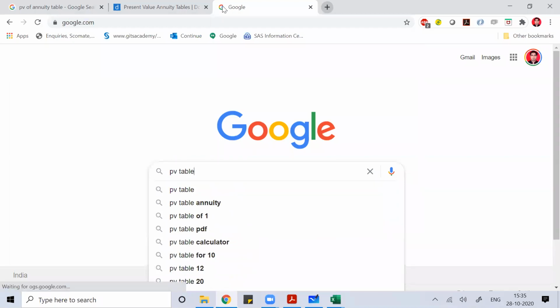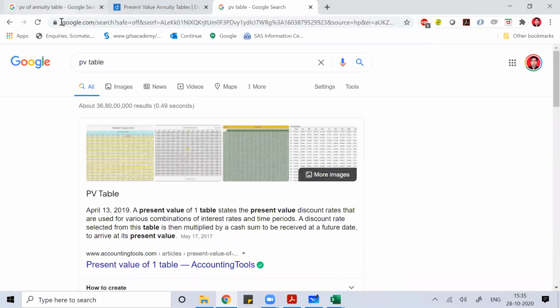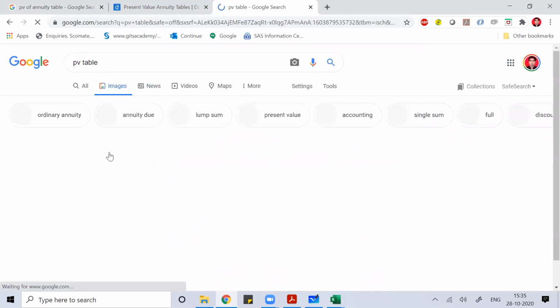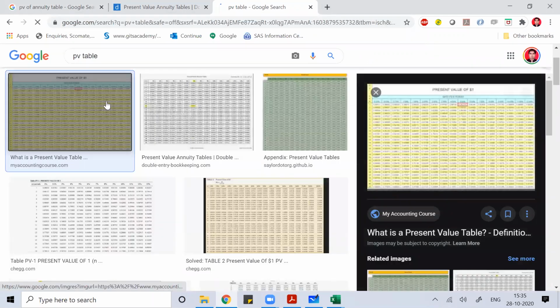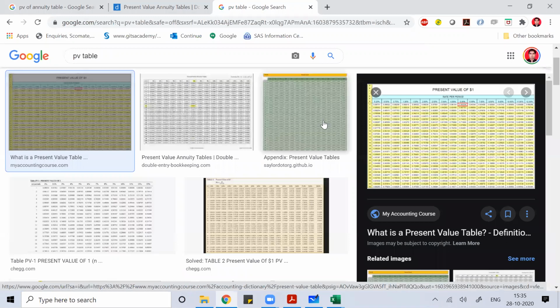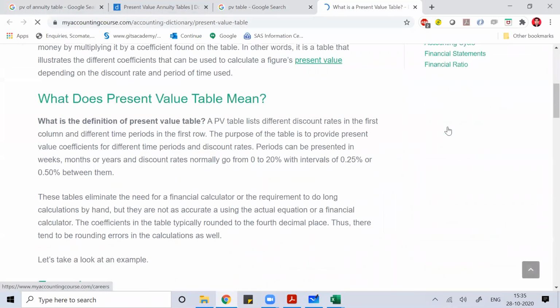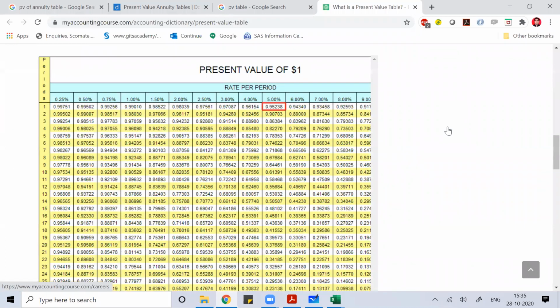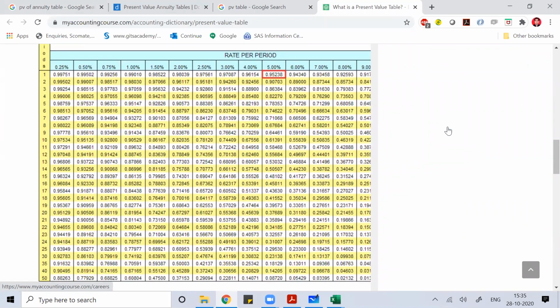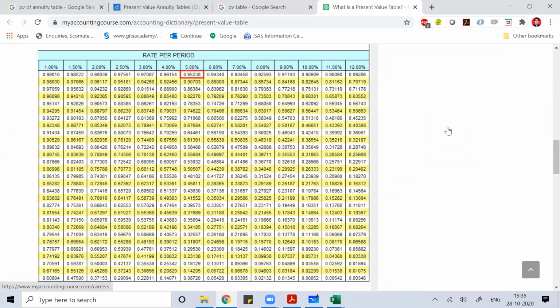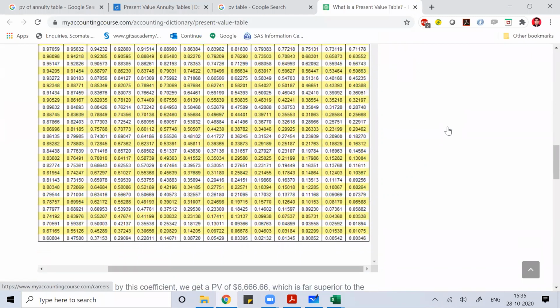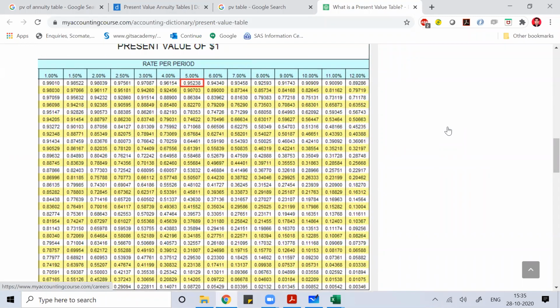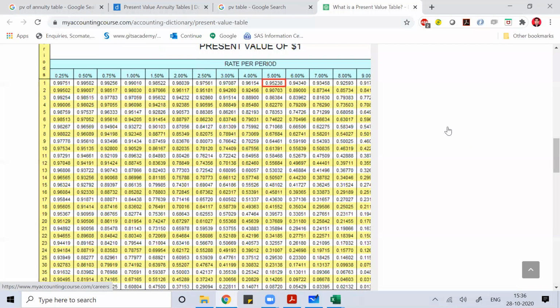This is the present value table. I want 15%, but it's not given. Only till 12% it is given.